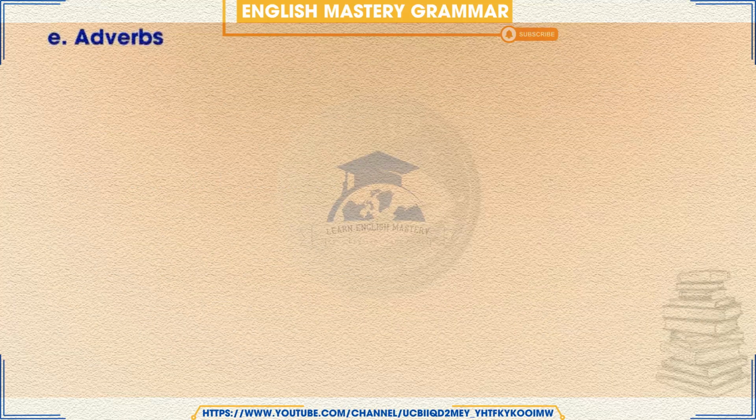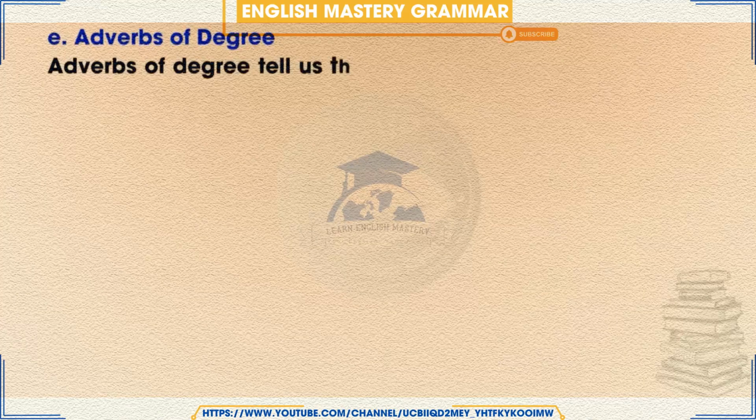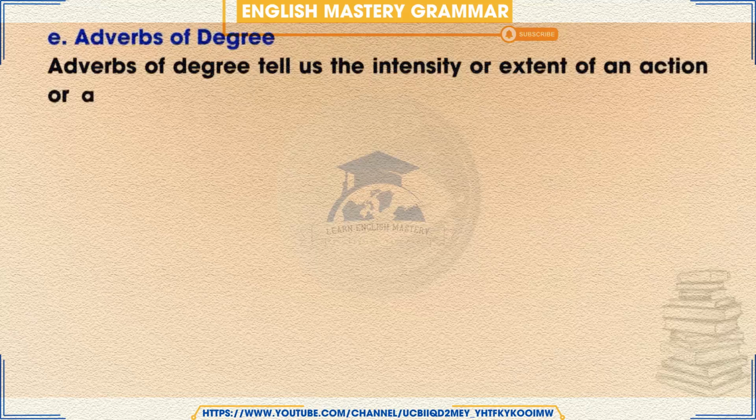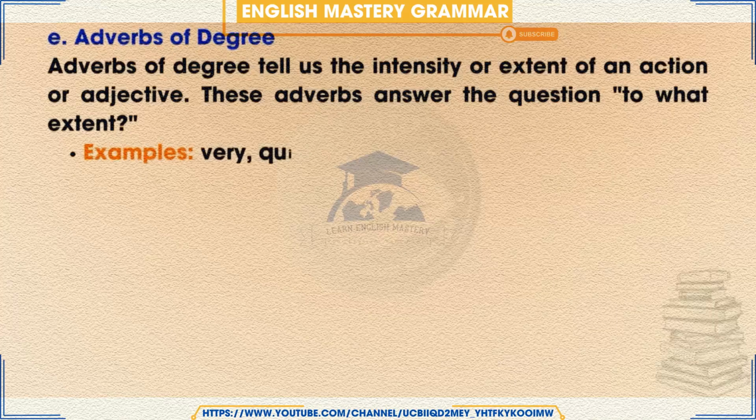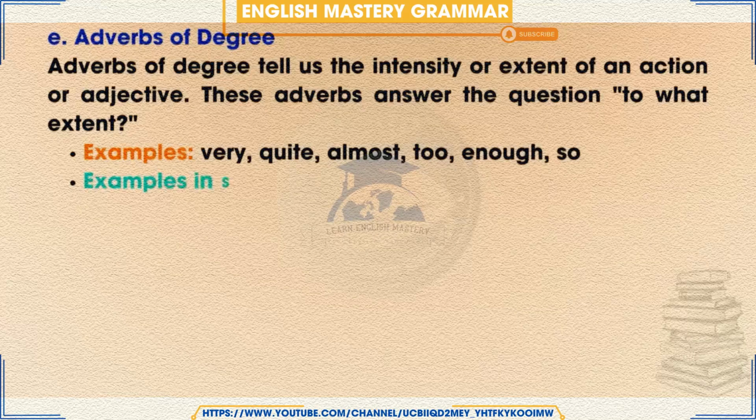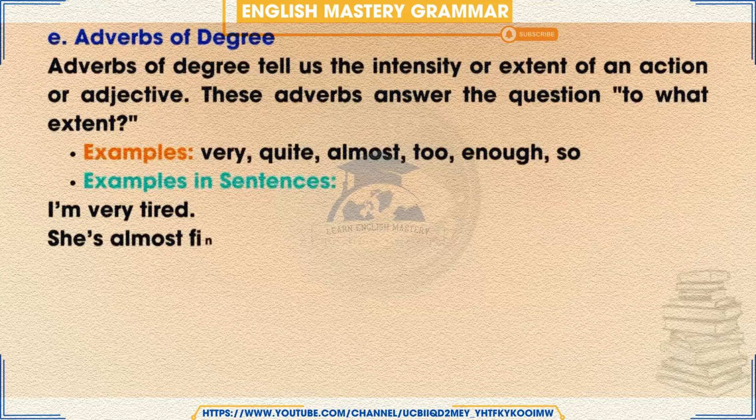E. Adverbs of degree. Adverbs of degree tell us the intensity or extent of an action or adjective. These adverbs answer the question, to what extent? Examples: very, quite, almost, too, enough. Examples in sentences: I'm very tired.